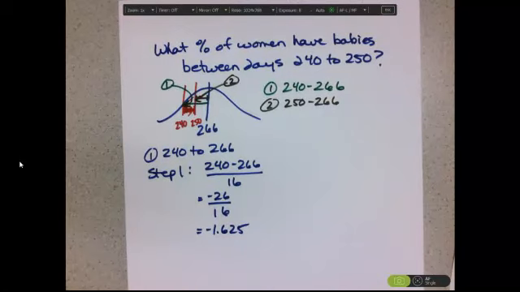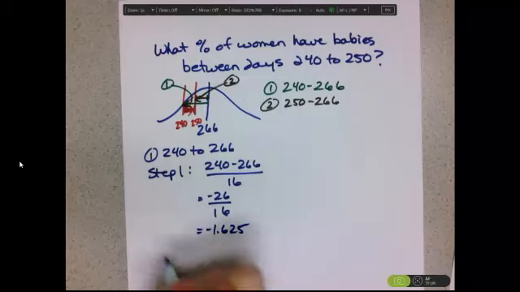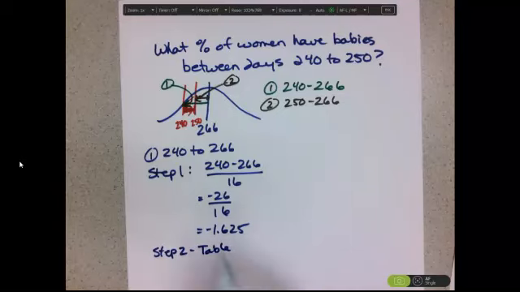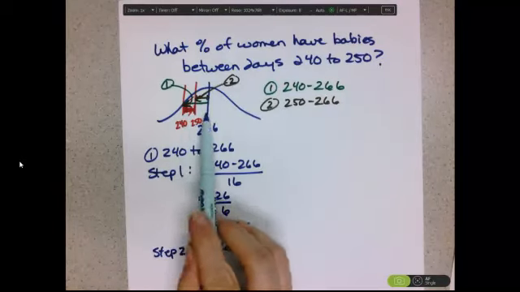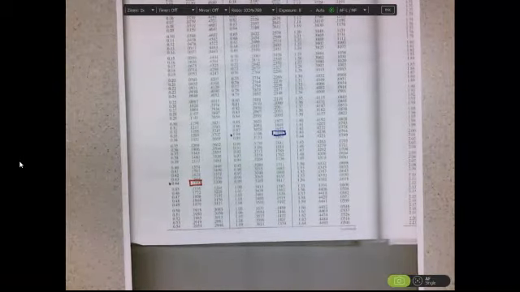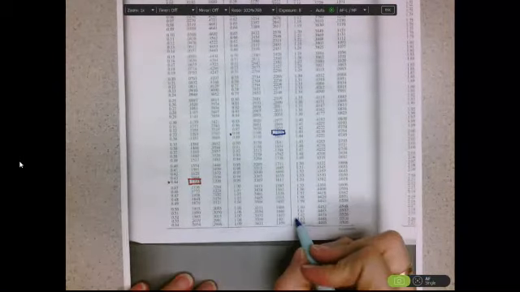That doesn't really matter because when you look at the table, you'll be looking only at positive values anyway. When we go to the table, we're looking at column B because we're looking between the value and the mean, at 1.625, so 1.63, which is down here.